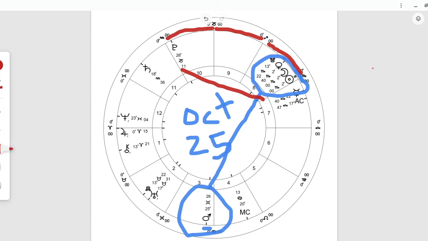Because Scorpio has to do with things like shared resources and the ways that having access to resources that might be seen as belonging to all of us gives power to certain people. So, for example, when tax monies are collected, who gets to decide how those tax monies are actually spent?